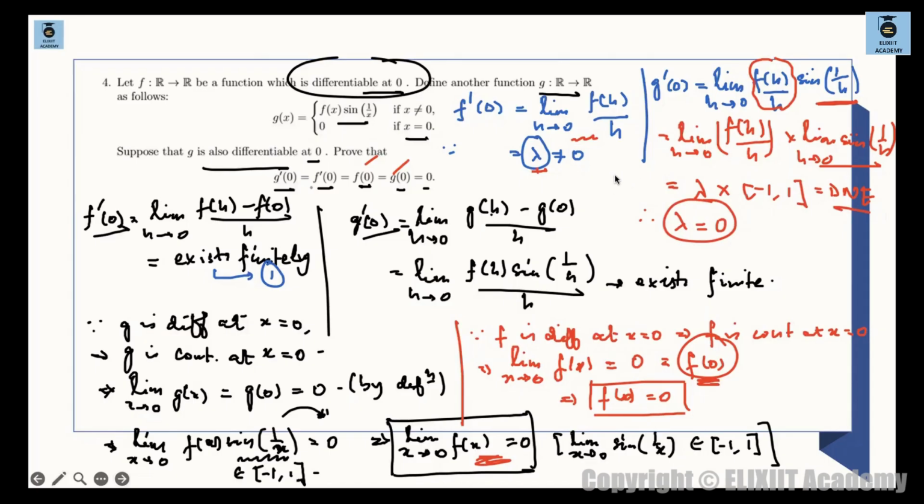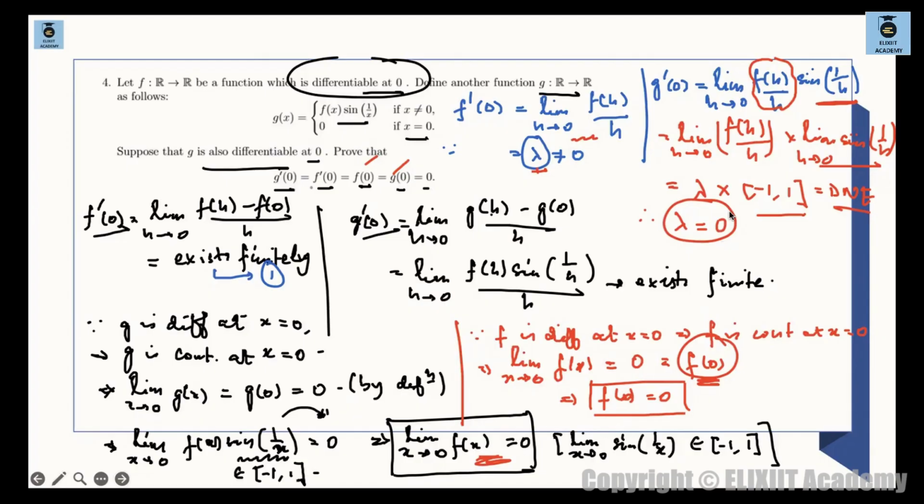So if lambda is 0, then only this limit will be a finite quantity, which is equal to 0. Then only this will be 0. So lambda has to be 0. So we are proving by the contradiction method. Write this properly, that it is by contradiction. Suppose we consider lambda to be a non-zero quantity, and lambda here becomes 0, which means this property fails, right?